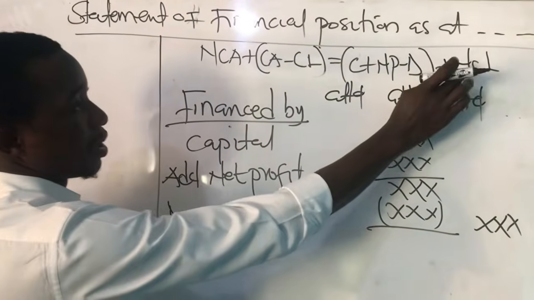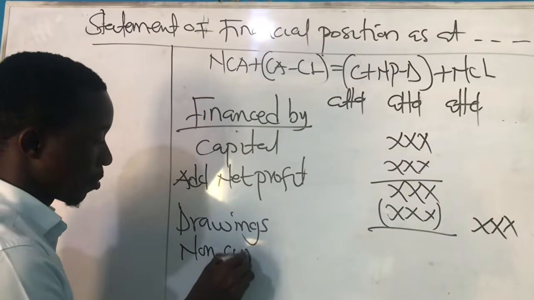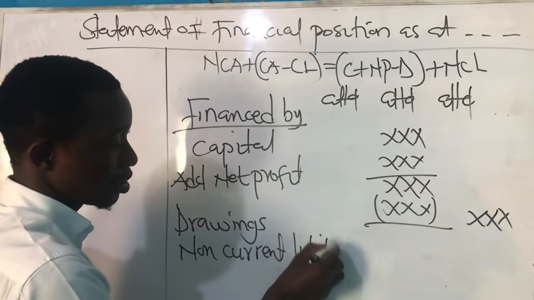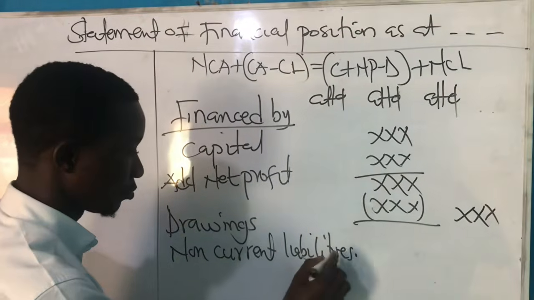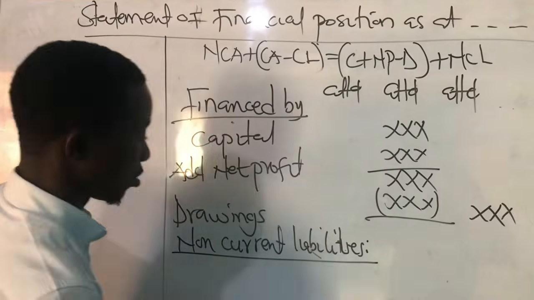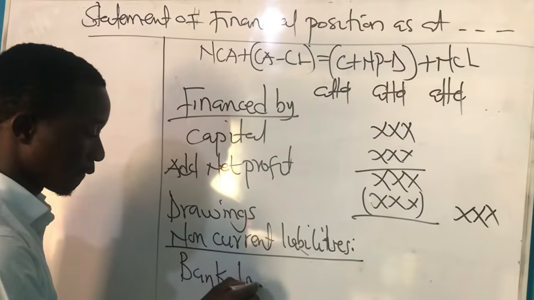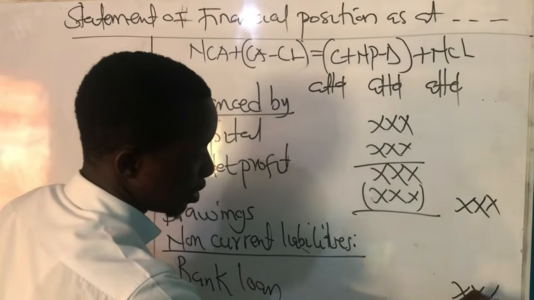After that, we consider the non-current liabilities. Okay, so let's consider bank loan. They record the non-current liability over here.